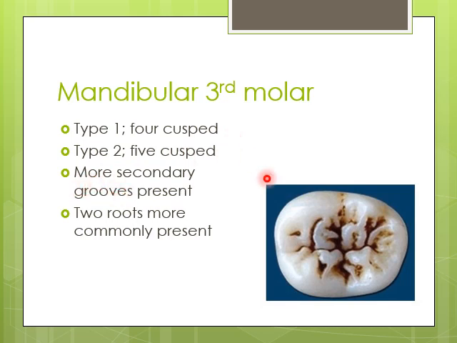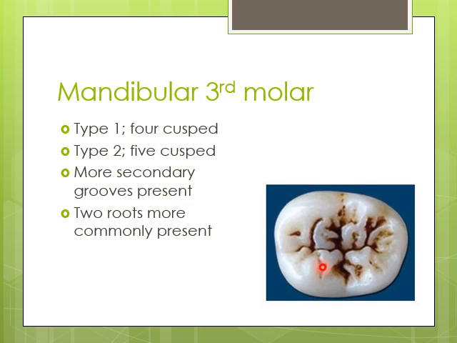It has more secondary grooves present on the occlusal surface of the mandibular third molar. So sometimes we call it a crenulated surface, that it has a wrinkled appearance. In the maxillary third molar, I have also taught you, it also has the same more supplemental grooves.